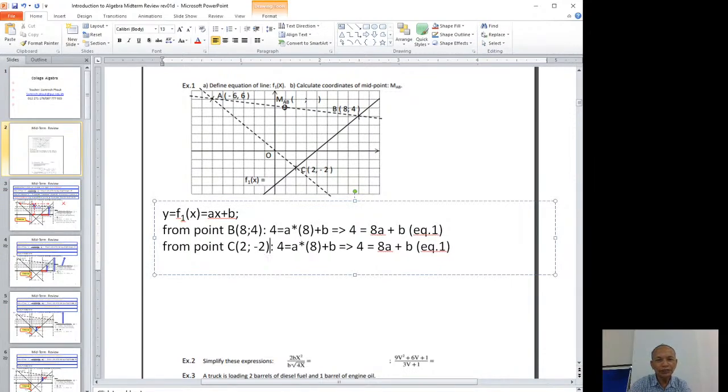Okay, so y equals negative 2, a times, what is x? x is 2 for C. And then b is the same. We don't change anything, so they are all the same. You just replace here negative 2, and here it's 2.